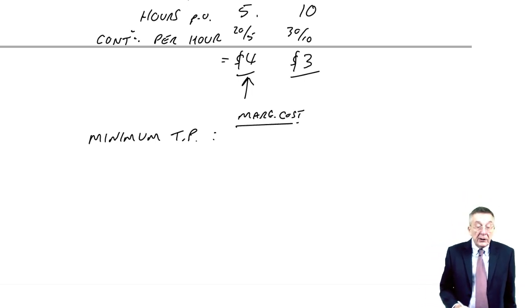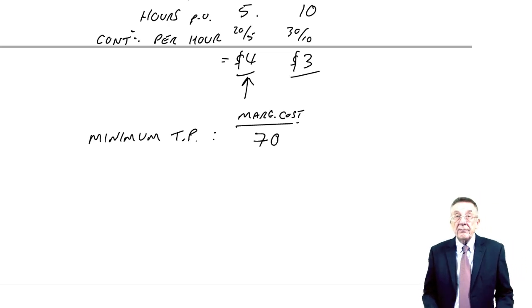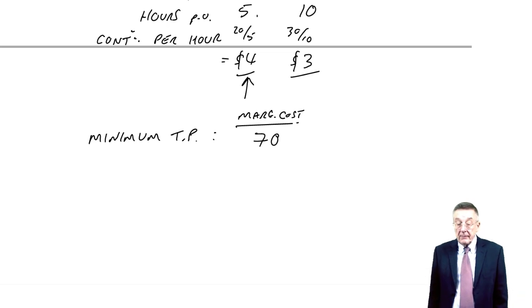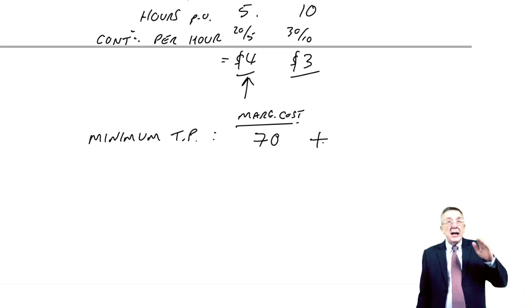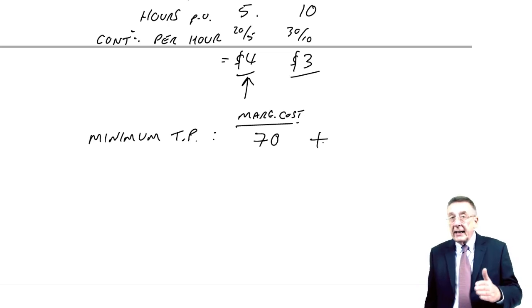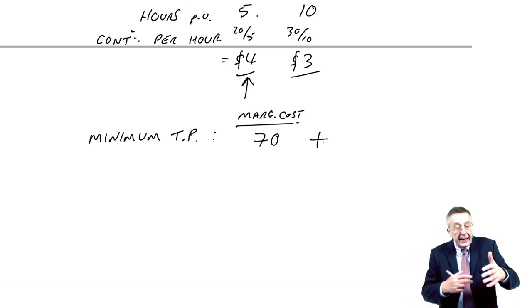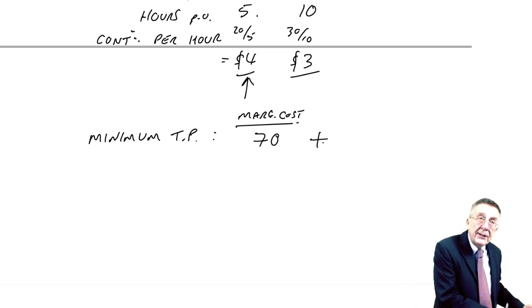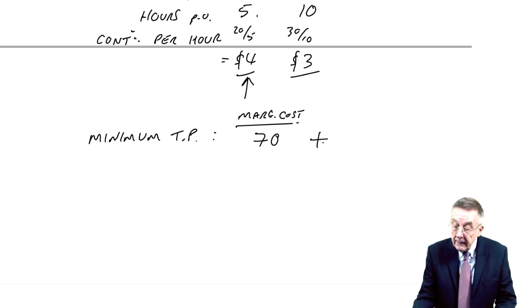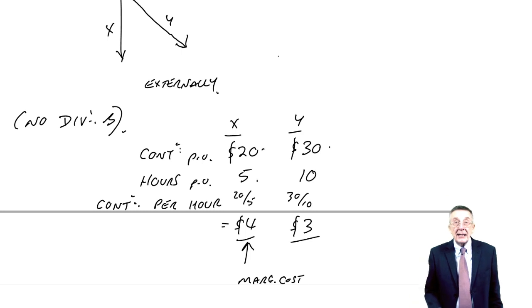The variable, the marginal cost of producing Y is 70. Again, you'll have to charge more than 70 whatever happens. In addition though, every hour we spend making Ys for the other division is taking up some of our limited hours, which means we've less hours to spend doing what we would have done, which is making X.